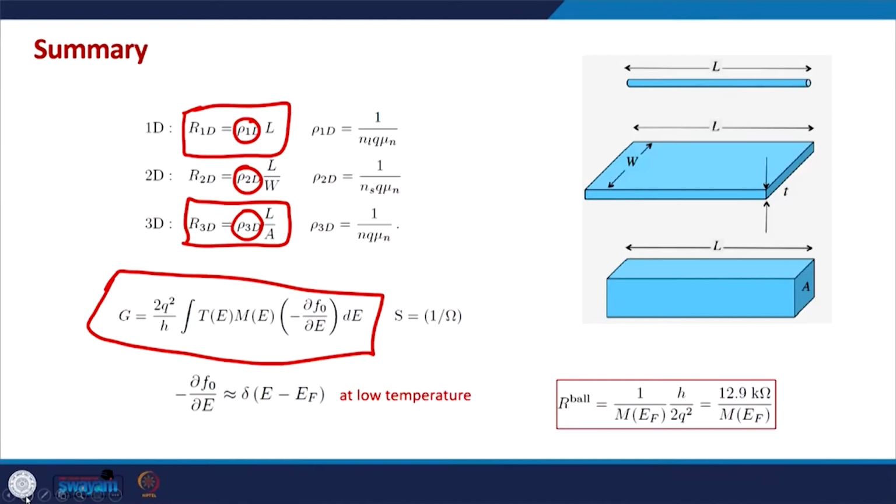And we started the discussion for the low temperature case, what happens at low temperatures in a ballistic conductor. At low temperatures in a ballistic conductor, the conductance turns out to be 2q square by h times M(EF). This is at T equal to 0 Kelvin for the ballistic case.